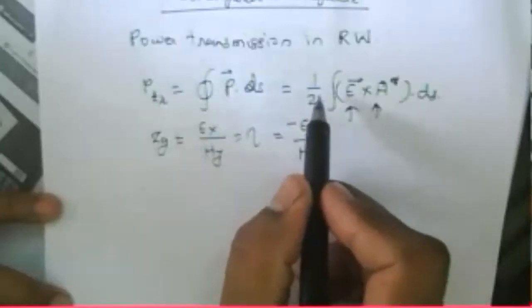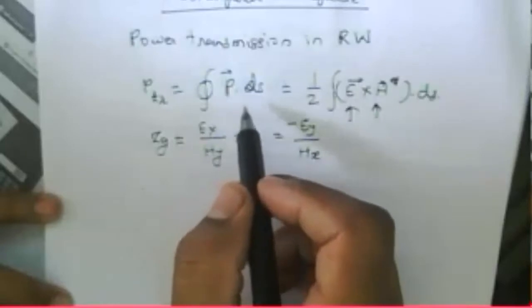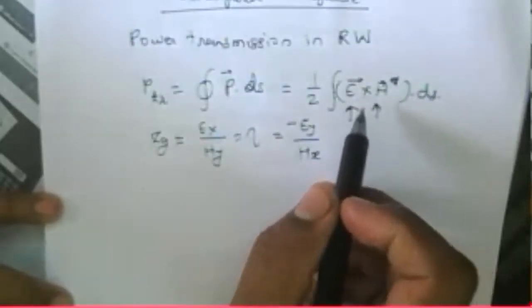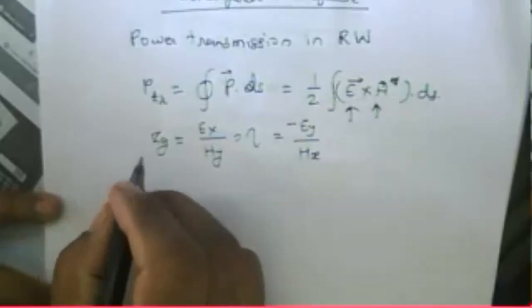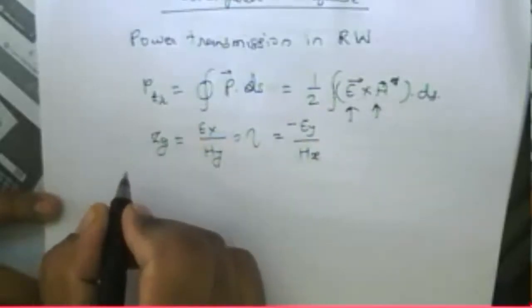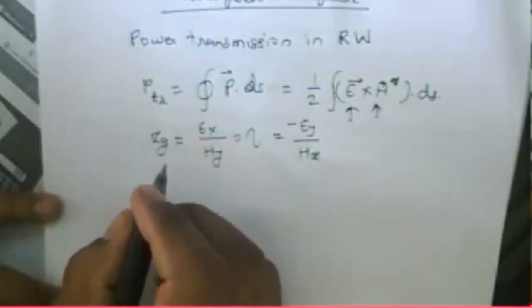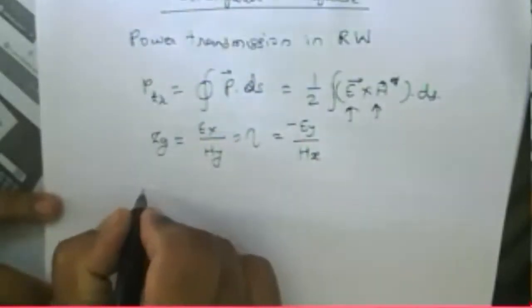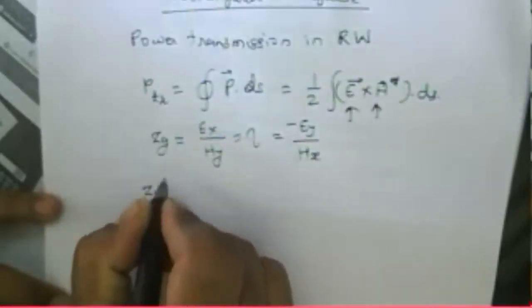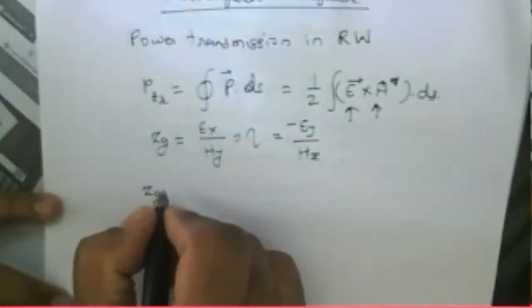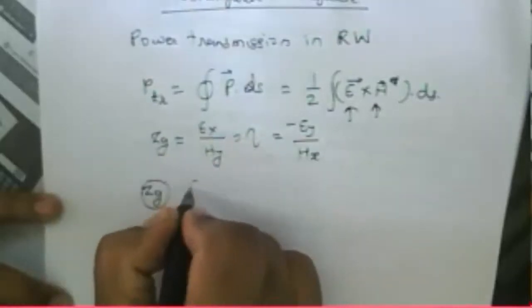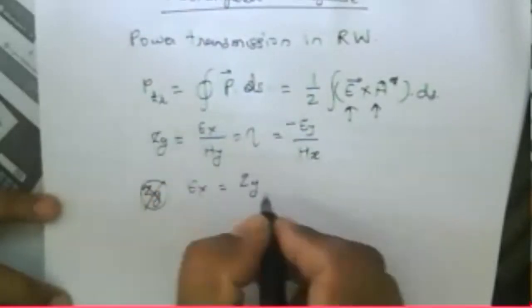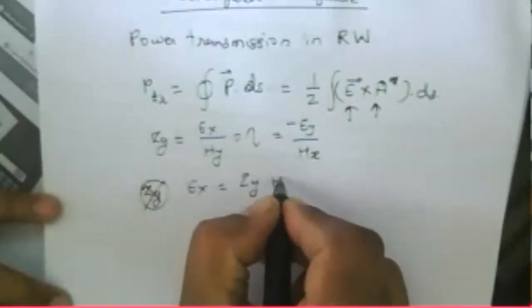We will get the power transmitted. Again, we can simplify it: instead of taking both the electric field and magnetic field components, we can simplify the expression by writing only the electric field term or the magnetic field term. Are you getting what I am saying? So we can consider that Zg is equal to, we can write Ex is equal to Zg into Hy.